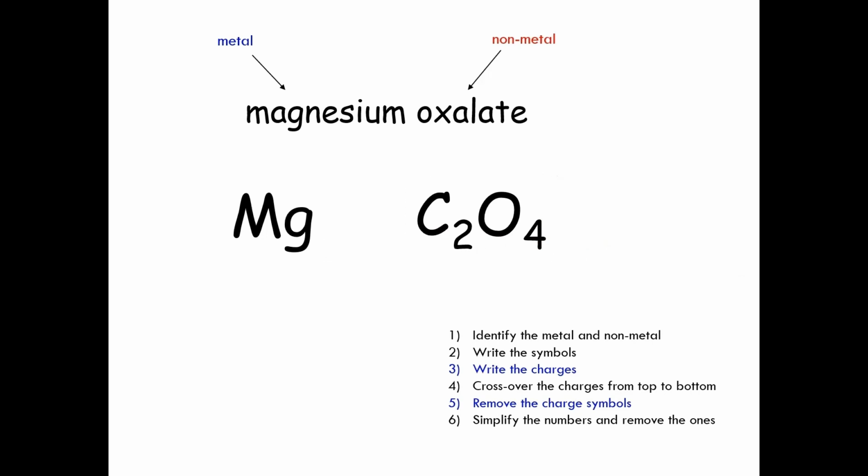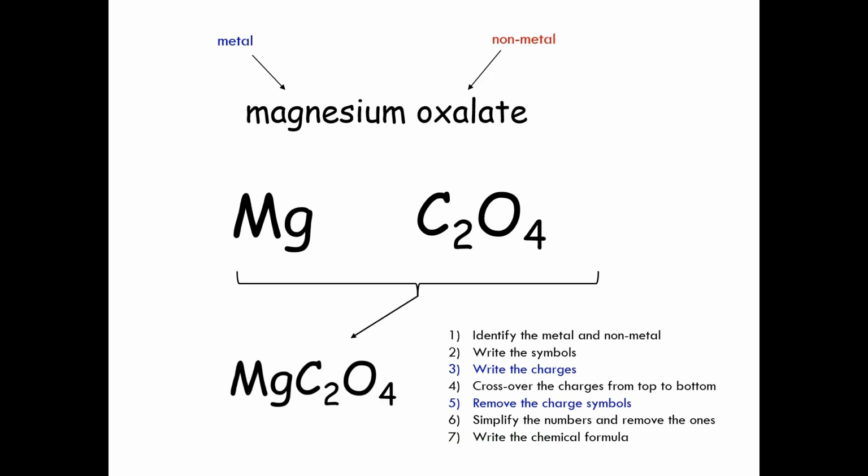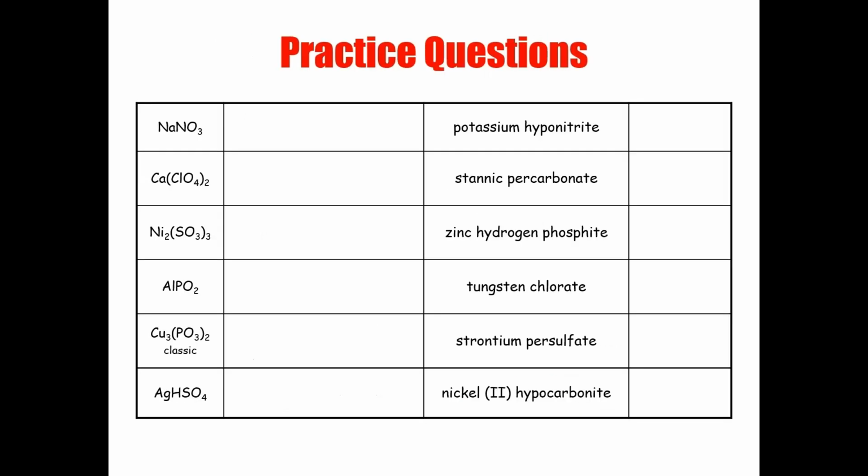And so you can see that the bracket has disappeared. The reason the bracket has disappeared is because when I go to write my chemical formula, I do not need to put the brackets because I only have one oxalate ion connecting to one magnesium ion. And so I get MgC2O4.